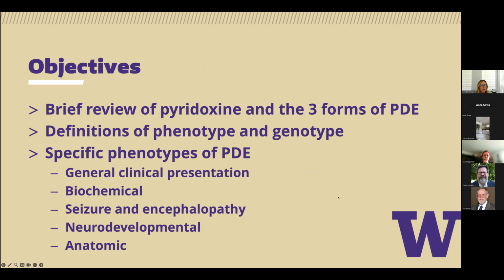So my goal for today is to discuss the brief review of vitamin B6, pyridoxine, its biochemistry, and the 3 clinical forms of pyridoxine-dependent epilepsy. That's really going to be just a brief part of the talk. And then I'm going to define what we mean by the terms phenotype and genotype. I'm not certain that those terms are necessarily immediately understood by everybody who may be watching.